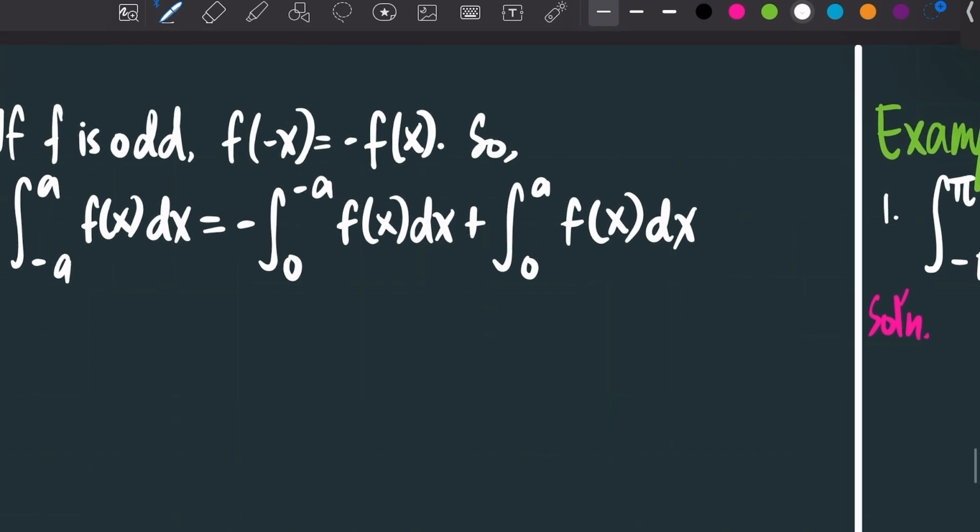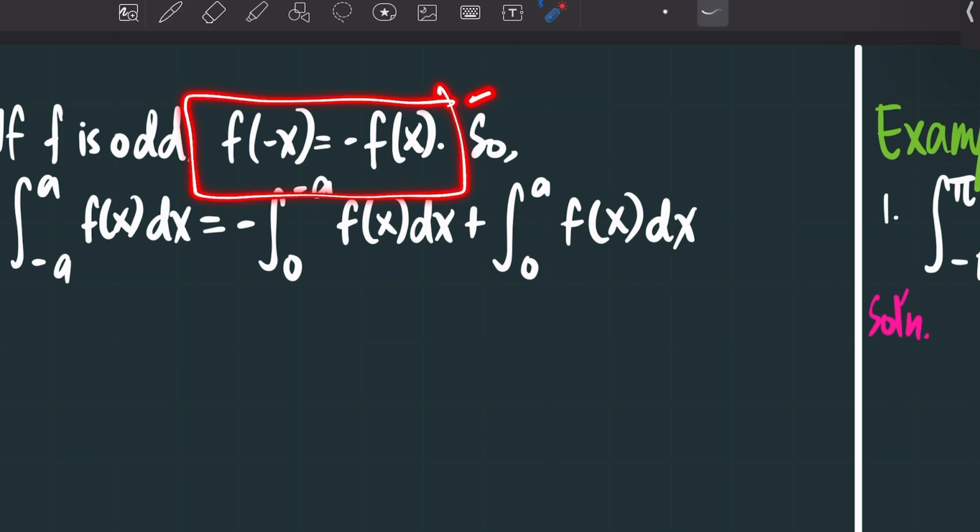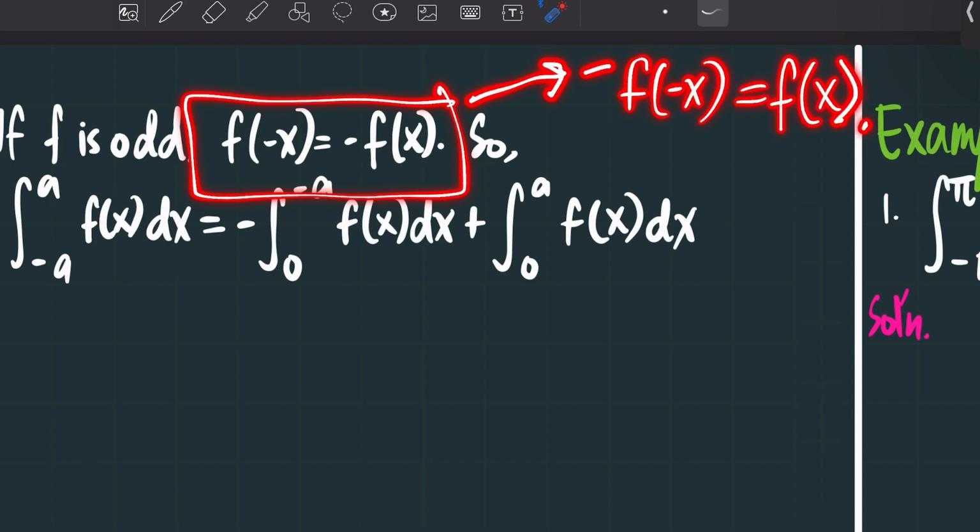And what we do now is gamitin natin tong properties na to. So, if f of negative x equals negative f of x, we can say na yung negative ni f of negative x is just the same as f of x. So, yung f of x here, palitan natin nito.